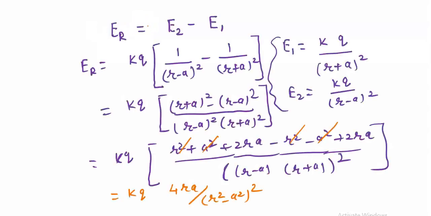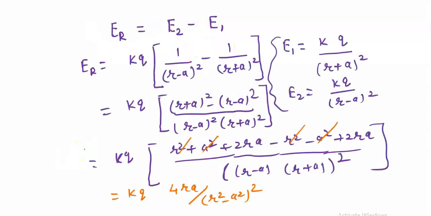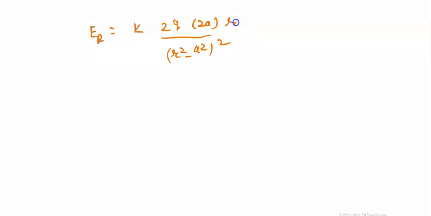In the very next step, we can write ER is equal to K, and what is there? Q into 4RA. So we can write it like this, Q into 2A, okay, divided by R square minus A square whole square. Okay, because 2 twos are 4 will be there and one R is missing, so that R in the numerator we can write it here.